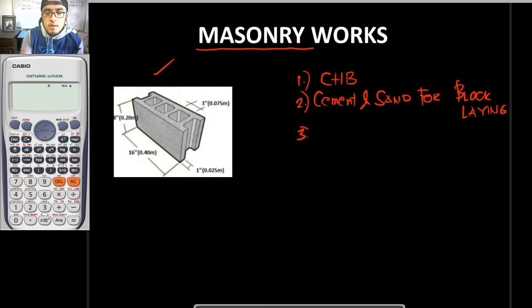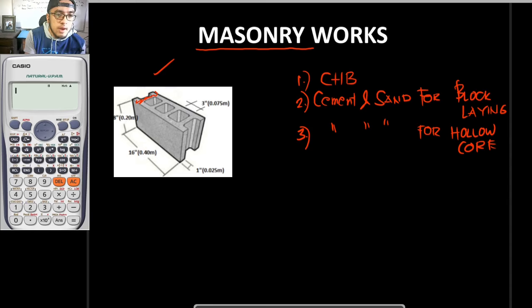As for number 3, that would be cement and sand for hollow core. Block laying is what we put in this area so that our concrete hollow blocks stick together. As for the hollow core, of course, you would be filling the holes with cement and sand, and even this right here.